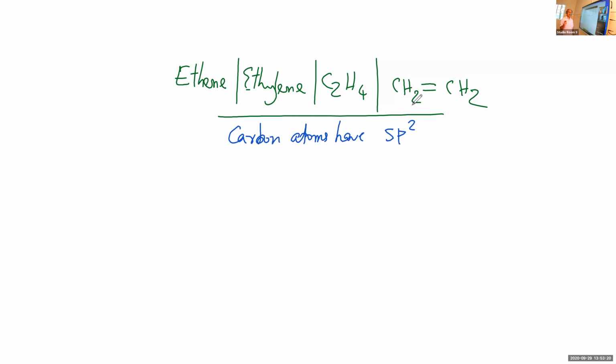And so the molecule is planar. The geometry of the molecule is planar.